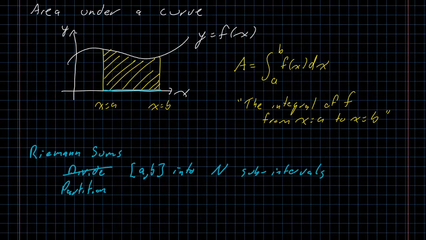Now, dividing a line is not a mathematical operation. The mathematical operation is called partition. Our goal is to create intervals so that there are n of them. They do not overlap, and they cover the entire interval.